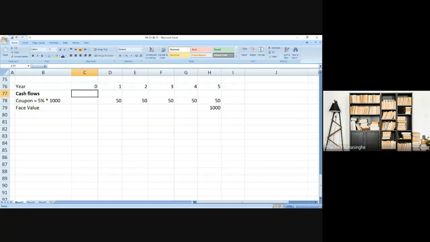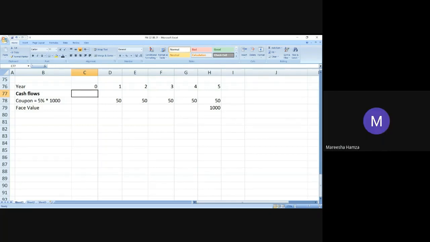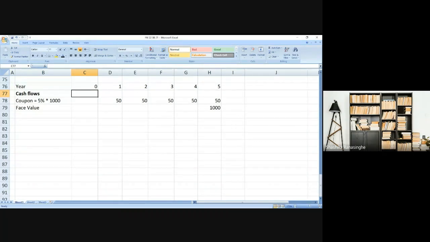So if you invest in a government bond, does it mean you have invested in a risk-free instrument? No, but still there's interest rate risk. You're still exposed to interest rate risk, right?